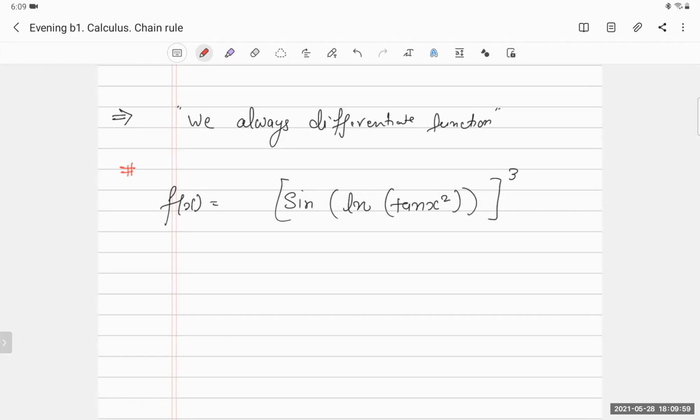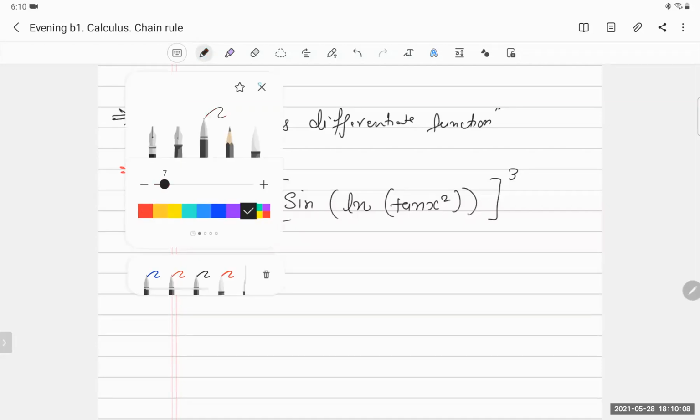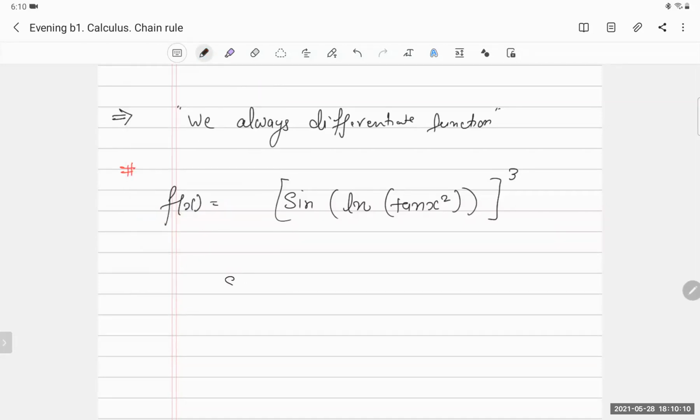Now, differentiation works just in reverse. Just write this function again. So my function is sin of ln of tan x square, and the whole raised to 3.